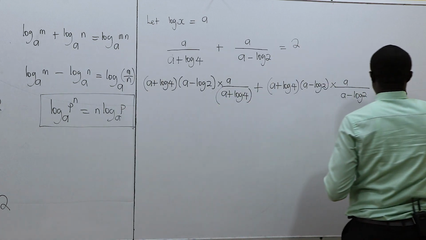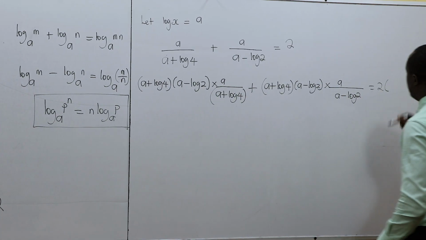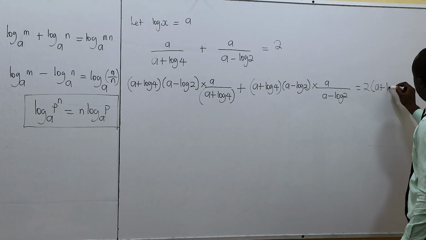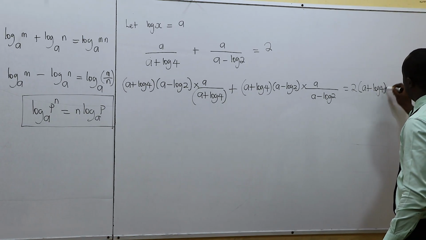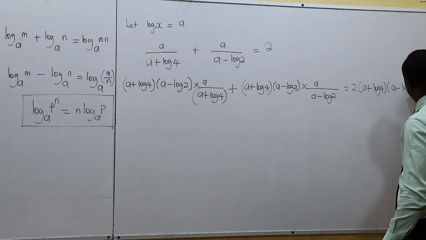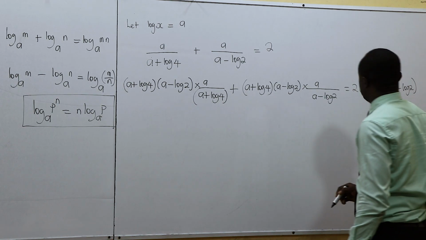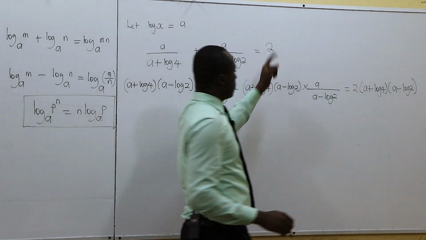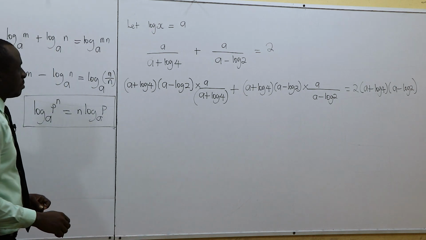This is equal to 2 times a plus log 4, a minus log 2. The LCM times that.